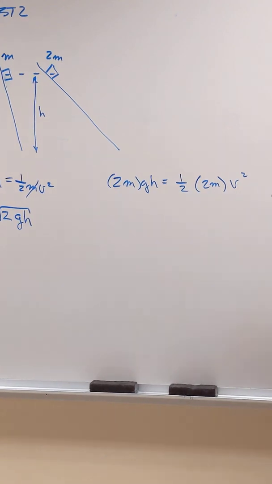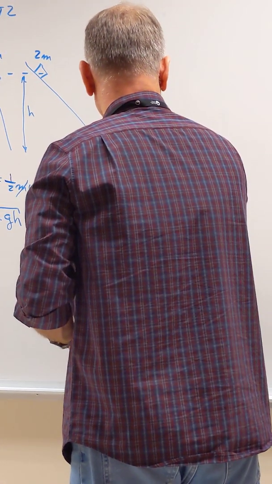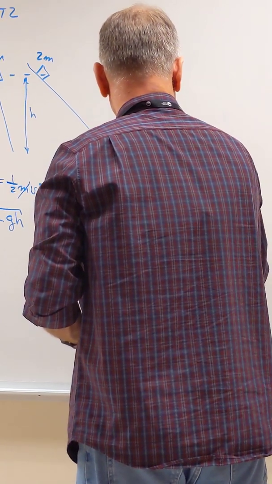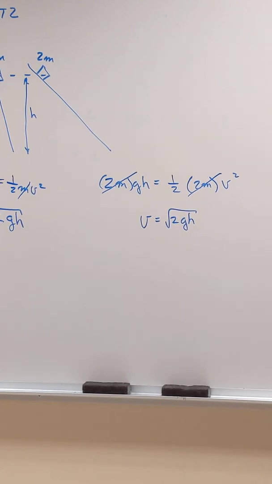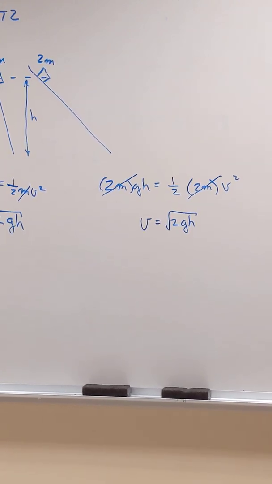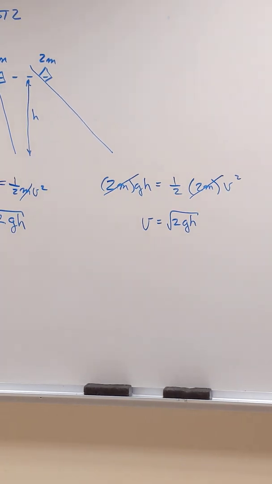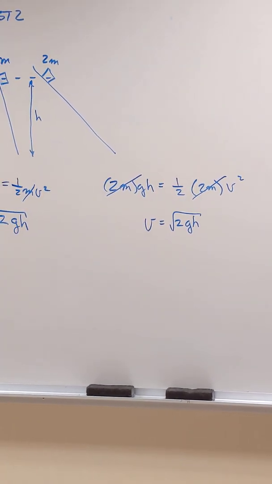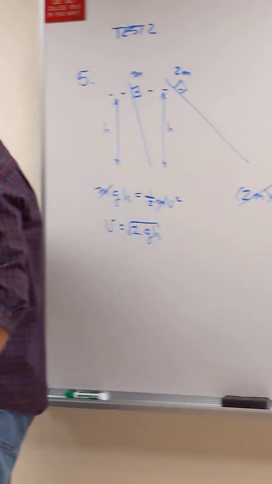The masses cancel. So the velocity at the bottom is the square root of 2gh. For that problem, if it's frictionless, it makes no difference. That, if it's frictionless, I have this scenario.